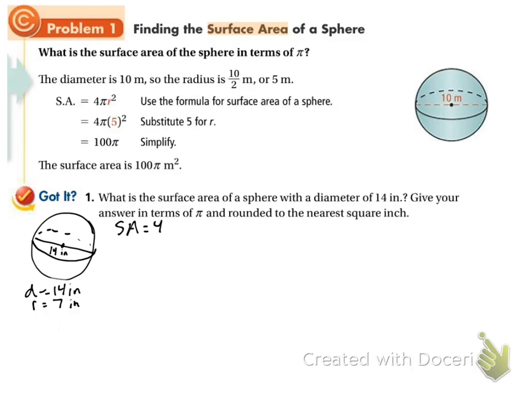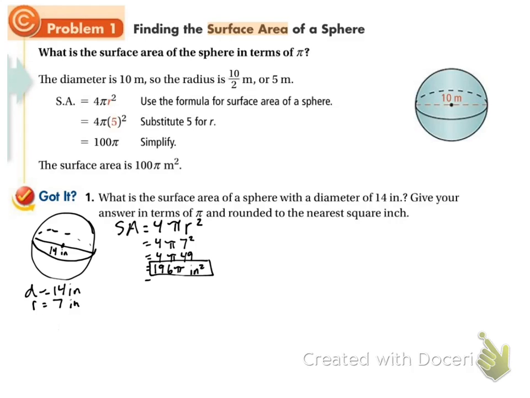SA equals 4 pi r squared, and we want it in terms of pi and also rounded. So, 4 pi 7 squared, which is 4 pi 49. 4 times 49 is 196, so we get 196 pi inches squared.